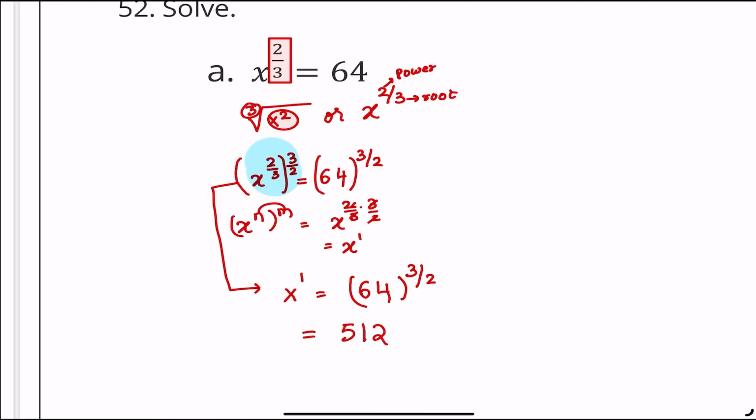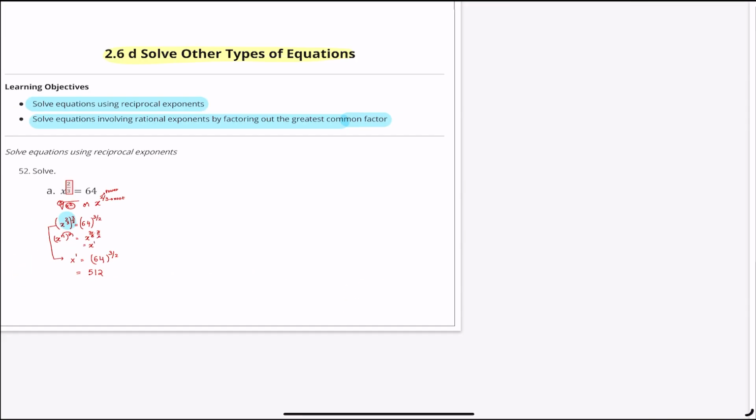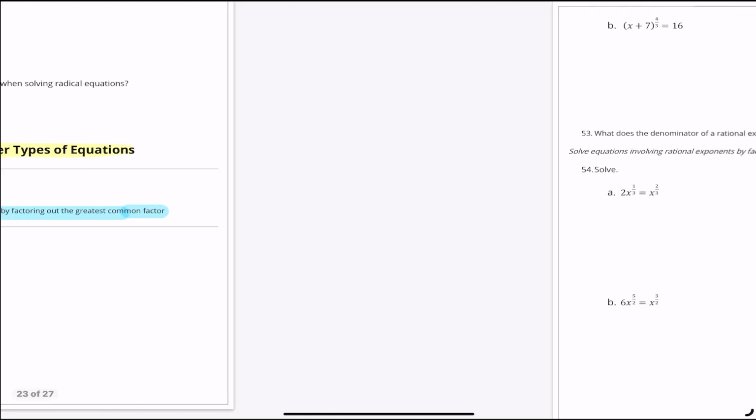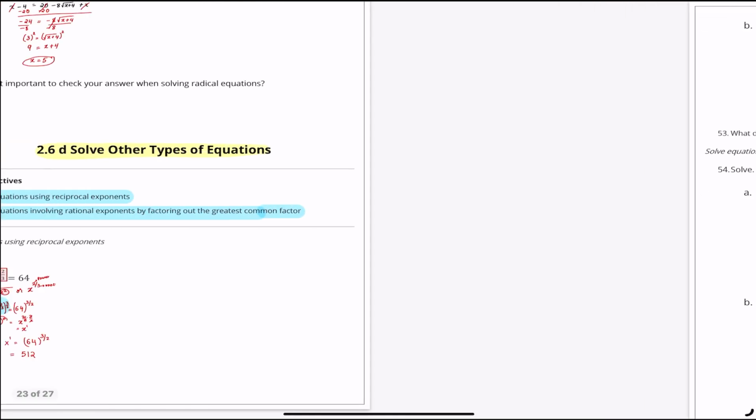Let's do one more. Let me give you something here: x to the power 2/5 is equal to 4. What do you do? You simply raise this to the power of the reciprocal.